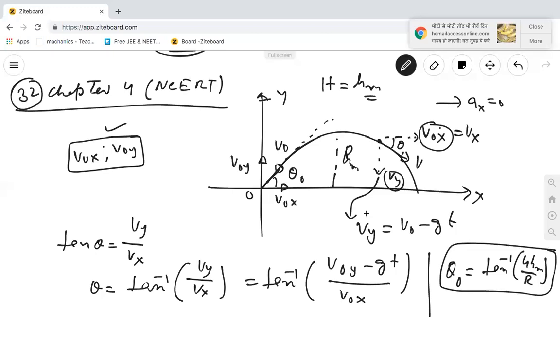We have to find this theta 0 in terms of hm, the maximum height, and range. Try to copy this. I will find the answer also.